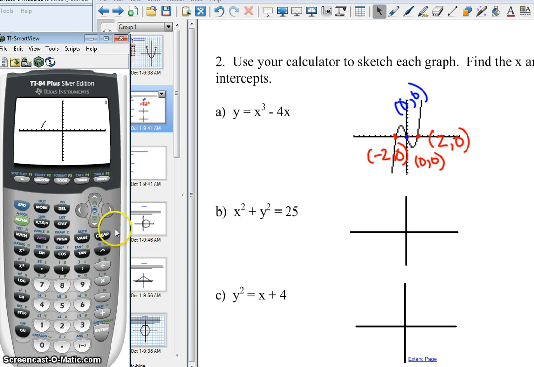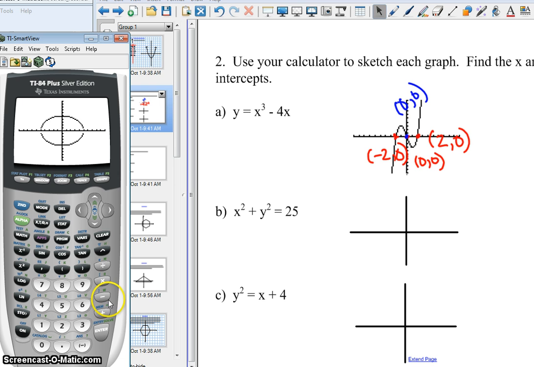And so when you look at that, you can see it's a half circle. And now when we graph the opposite of the square root of negative x squared plus 25, that will give us the bottom of the circle.